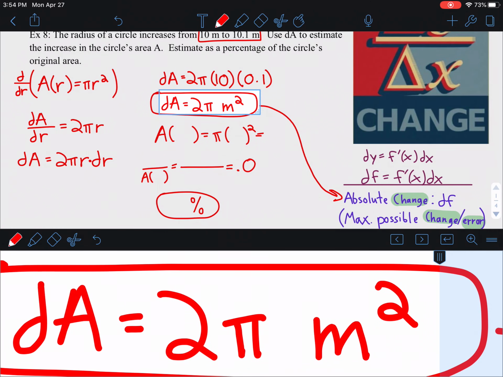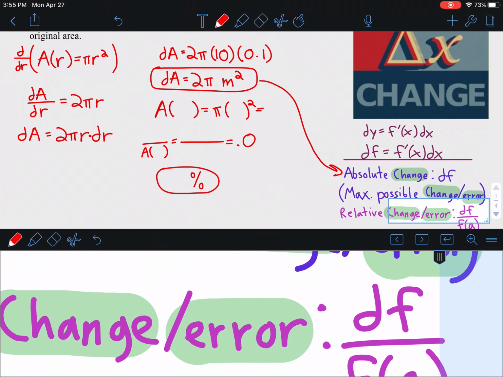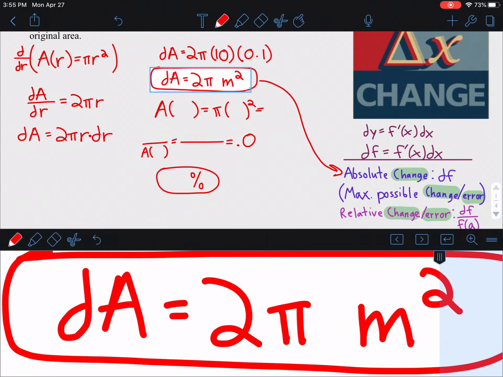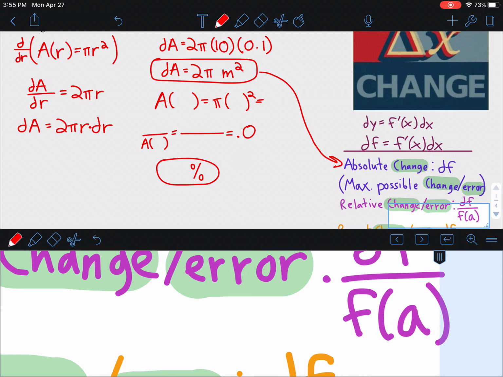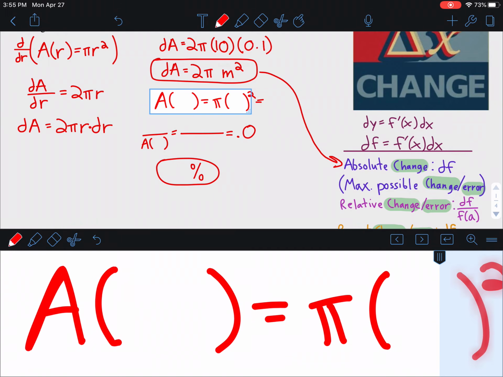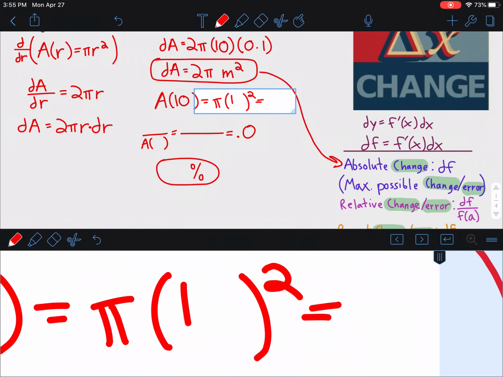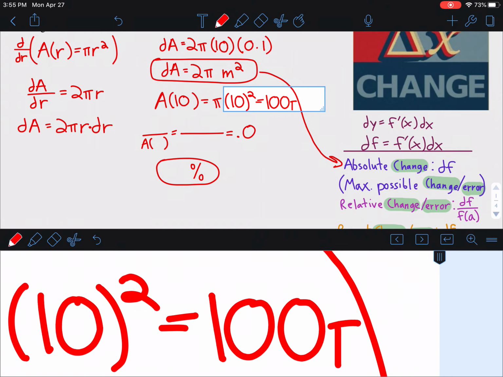Okay, now I'm going to find the relative change. The relative change is the ratio of the differential, which we just calculated for the area, compared to the original. What was the area of this circle when we originally started? Well, that would be the area when the radius was 10, so pi times 10 squared, pi r squared, that's 100 pi.